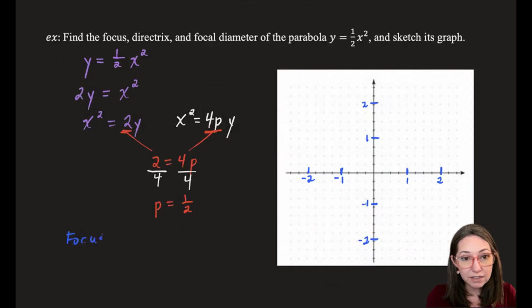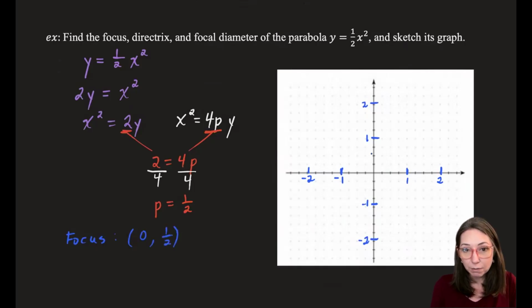Now this is y equals 1/2 x squared, and it's going to open up because p is positive. So the focus is at 0, comma p, so 0, comma 1/2, and we can put that on our graph right there. There's the focus, which is at 0, comma 1/2. And the directrix is always on the opposite side.